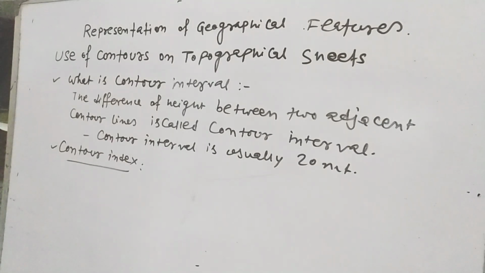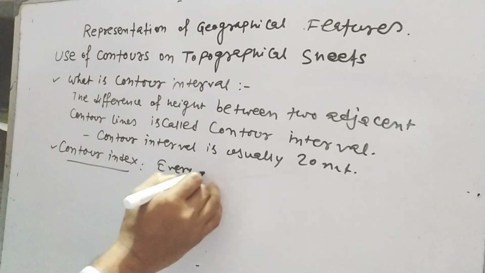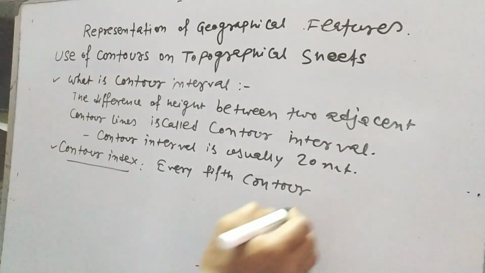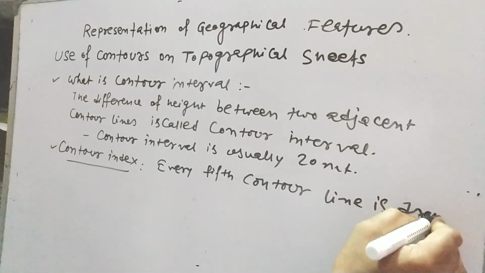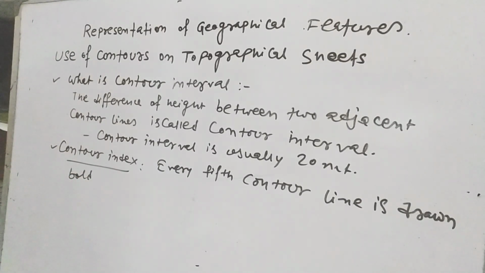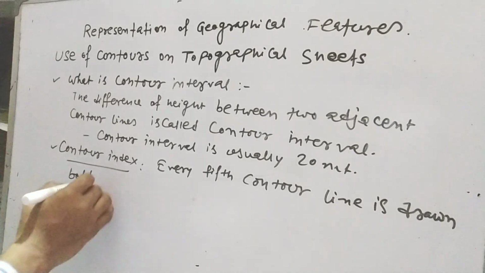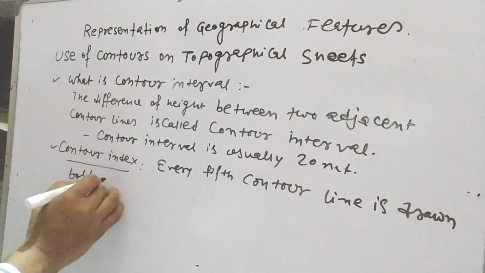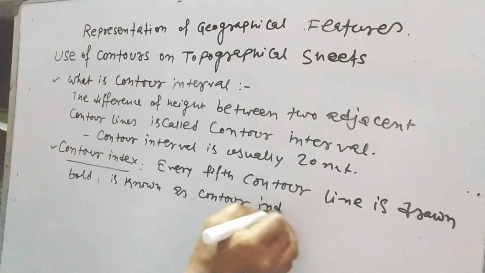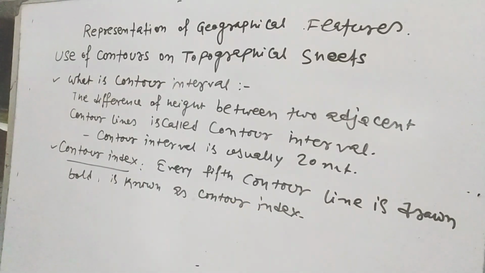Every fifth contour line is drawn bold, or the line which is a multiple of 100, and is known as the contour index.